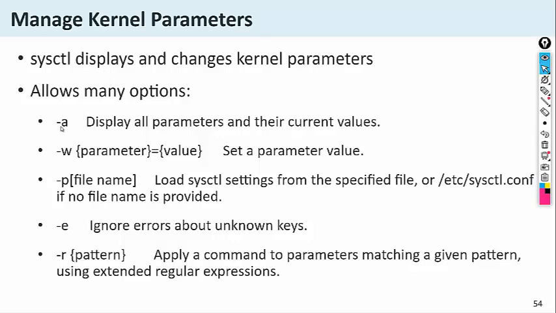These are the options: -a displays all parameters, -w sets or writes a parameter value, and -p loads a file. If there are some configuration files available, you can load them by using sysctl -p and giving the config file. The -e option ignores errors about unknown keys, and -r is used for patterns or regular expressions.